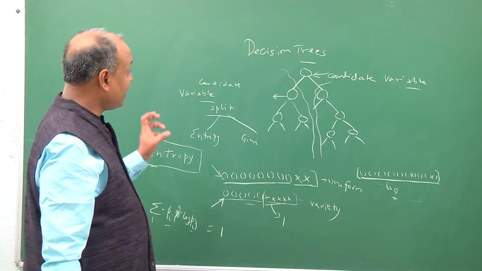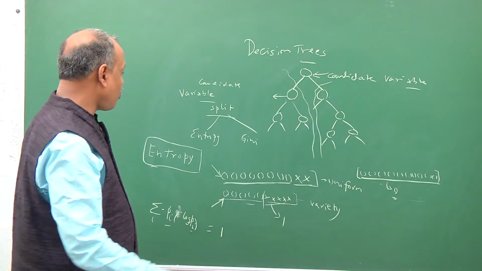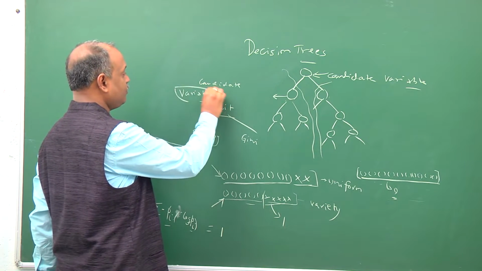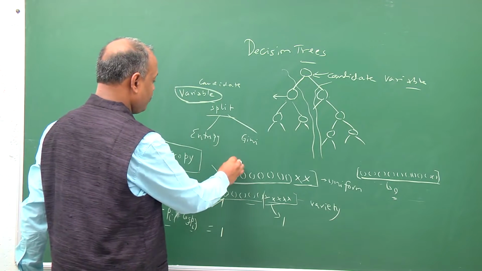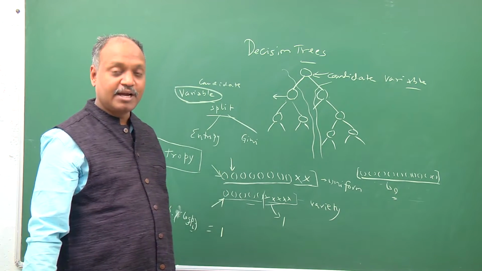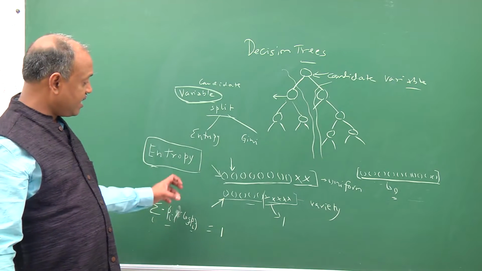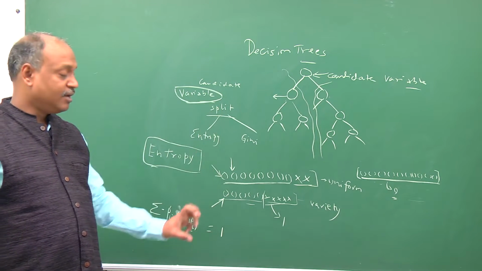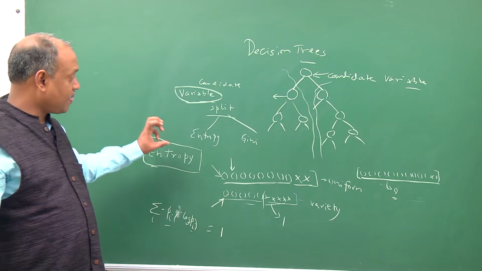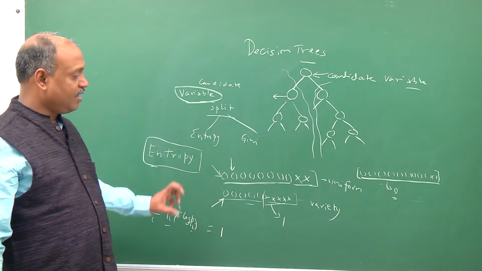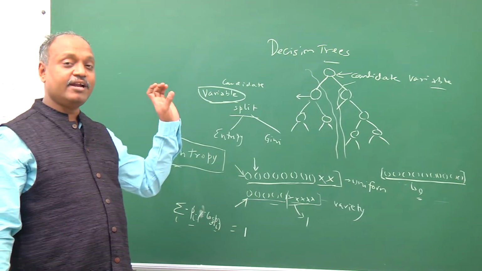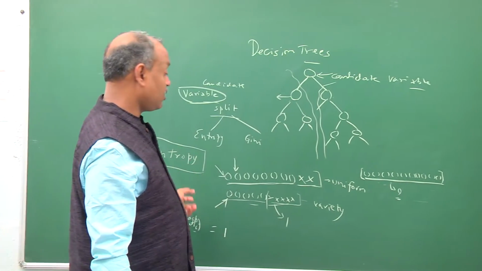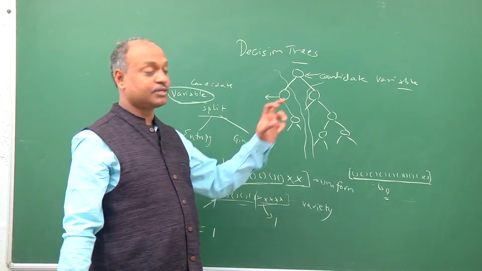When you use entropy as the concept for determining the candidate variable, you look at all the candidate variables with assignment to a particular value and compute the corresponding entropies, to see how the entropy plays out for that particular split. That determines which candidate variable value combination gives you the highest change in entropy, also called information gain, and that is chosen as the candidate variable.